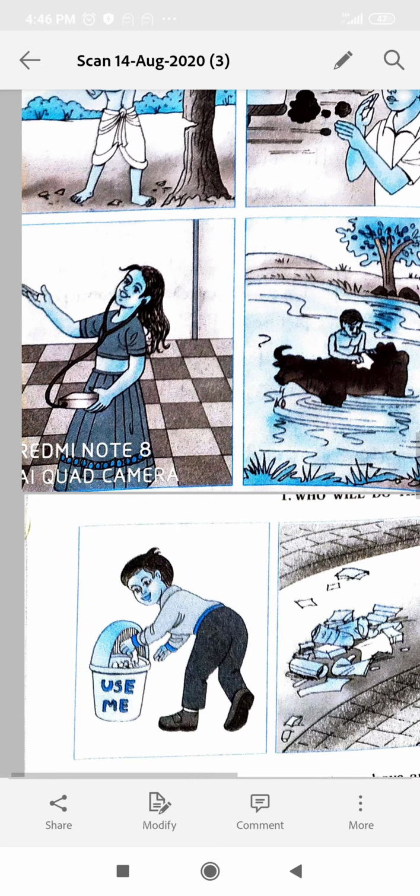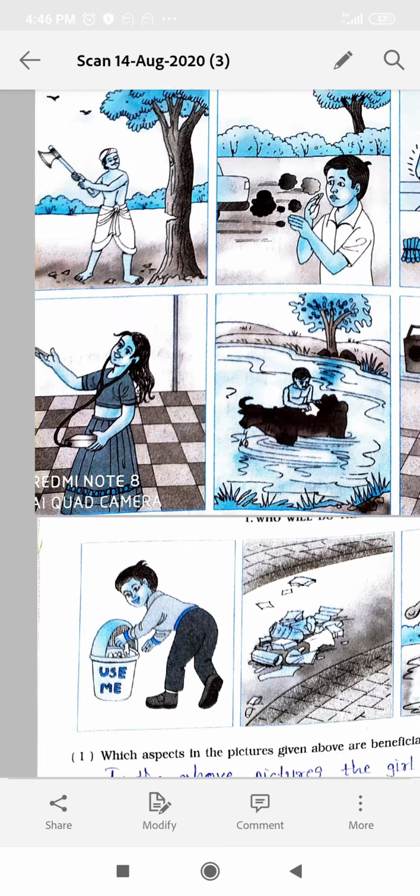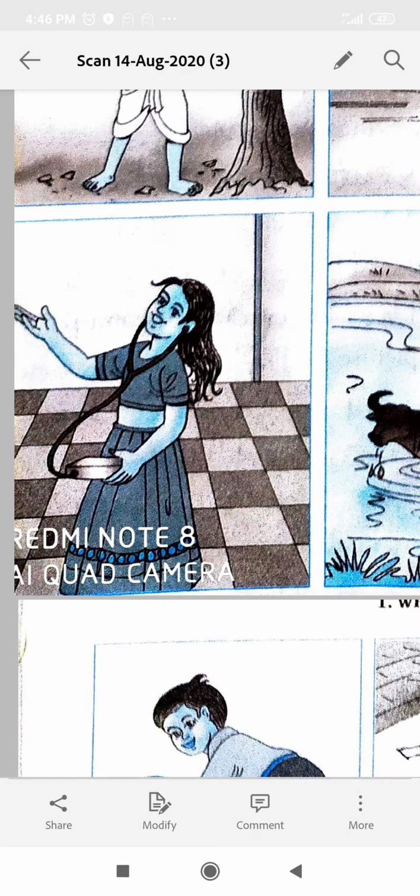Now let's describe this picture. It is a good habit. So in the above pictures, the girl listening to music by headphones is good for the environment. She is not playing music loudly. She is hearing music by headphones.